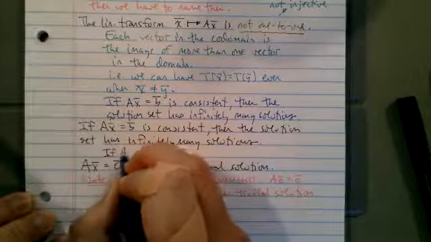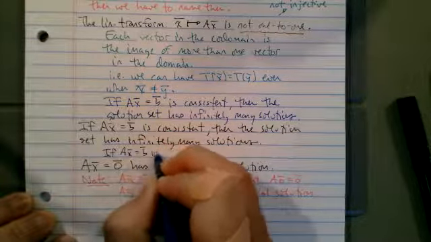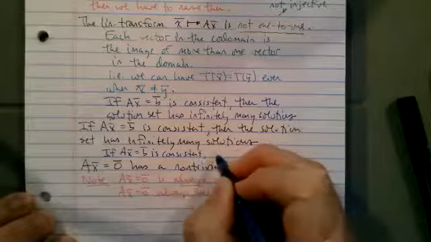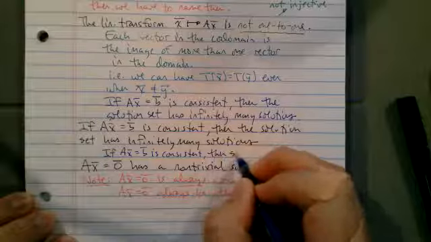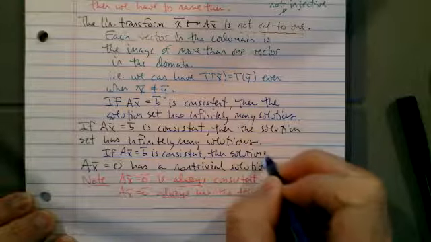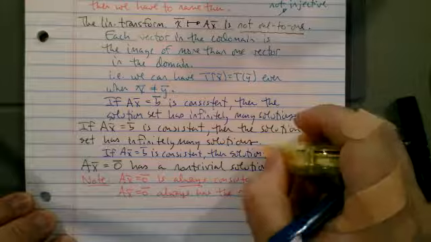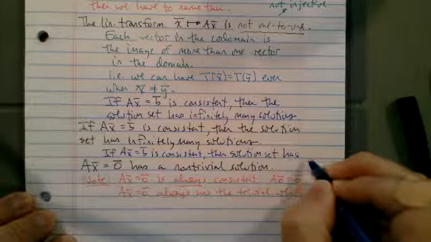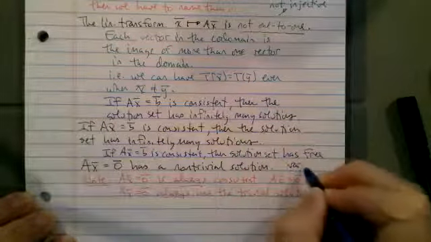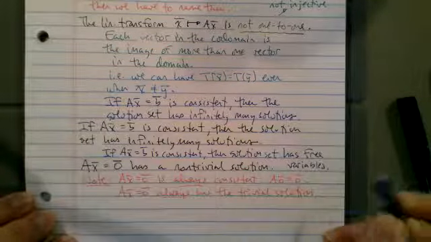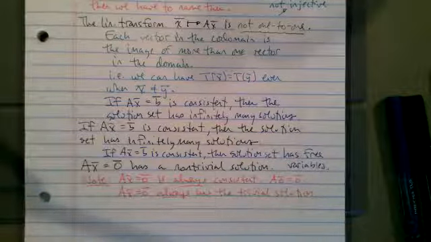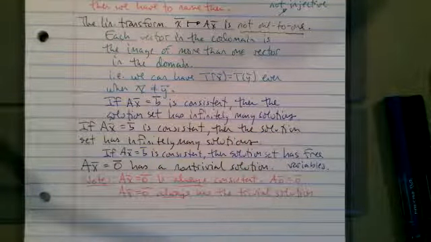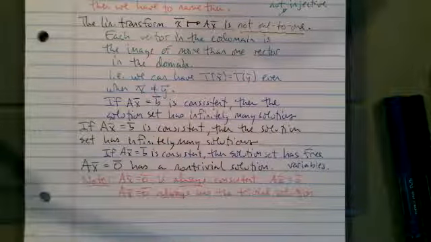If Ax equals b is consistent, then the solution set has free variables. Free variables are a thing that belong to the solution set. Any questions?